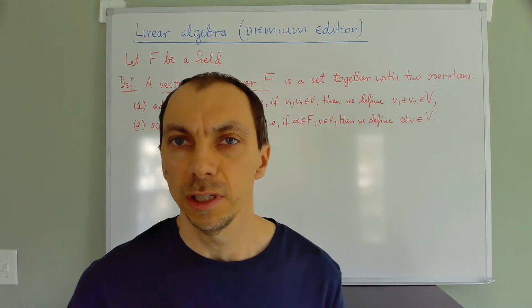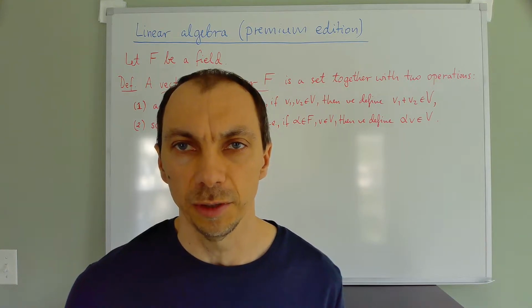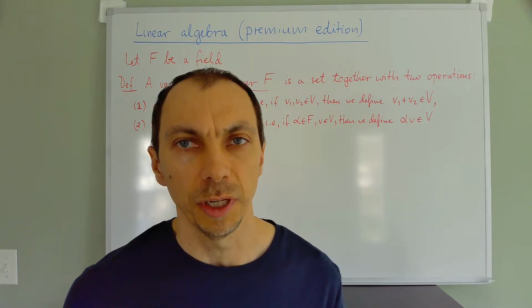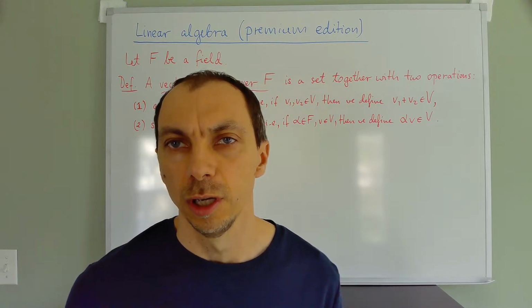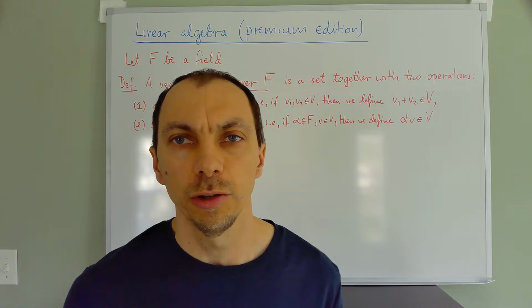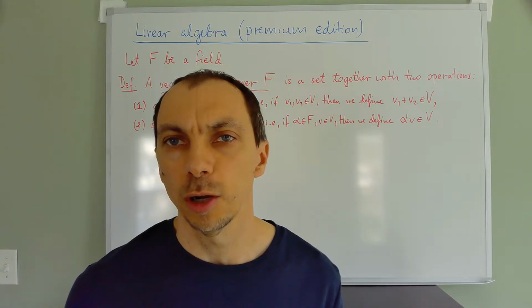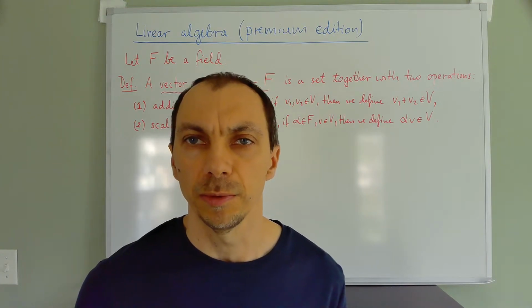So the only difference here so far is that the scalar can come from any field. It does not have to be the real numbers. It could be a rational. It could be an element of the field Q adjoin radical 2, Q adjoin cube root of 2. It could be a complex number. It could even be a congruence class modulo a prime number. You know, the congruence classes modulo a prime number form a field.